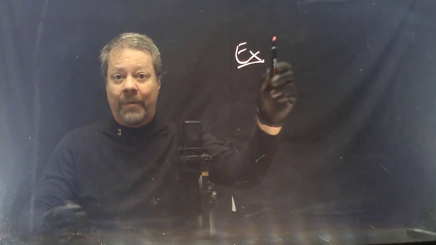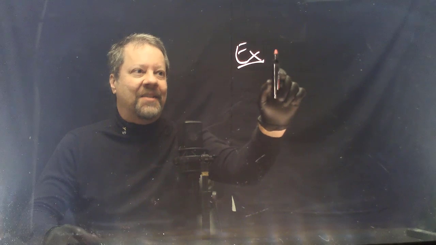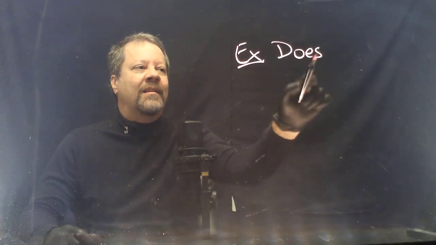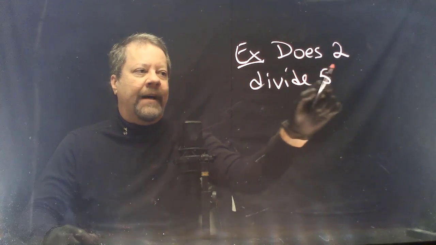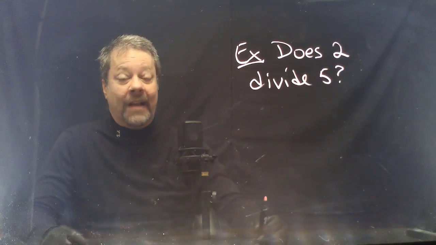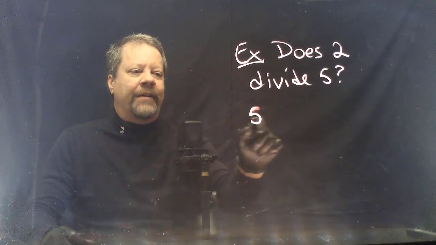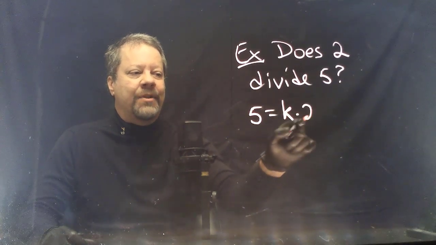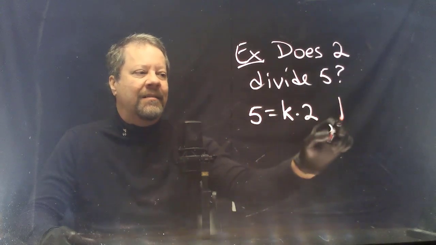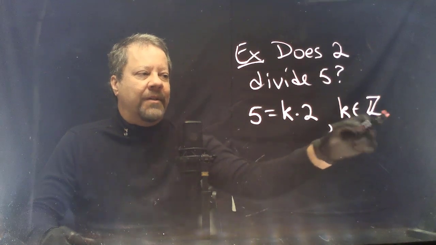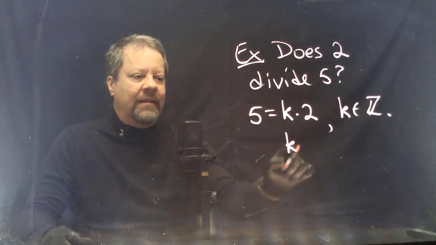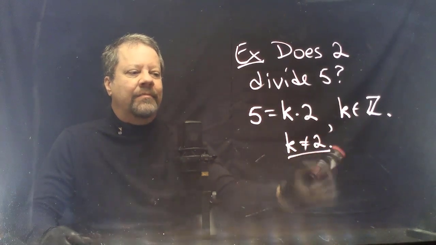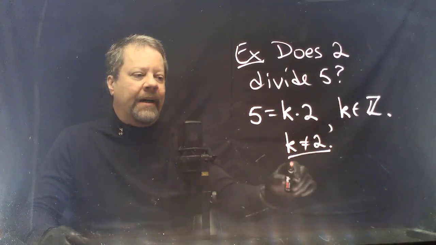Here's a question for which you can easily see the answer. Does 2 divide 5? Obviously not. 5 would have to be equal to K times 2, where K is some integer. We know that K is not 2, because 2 times 2 is 4, not 5.